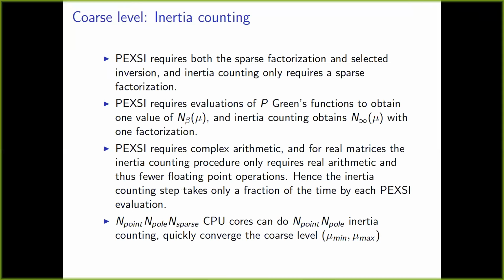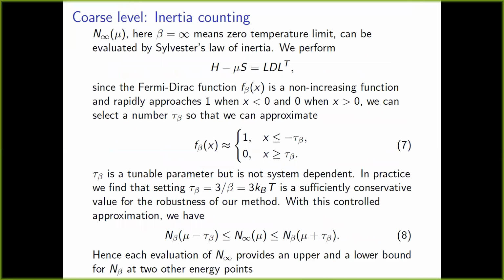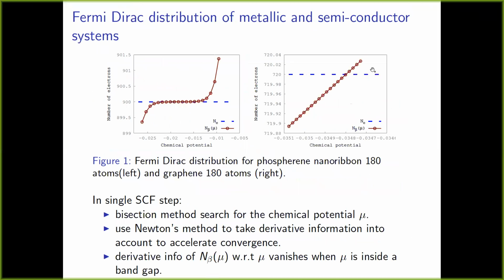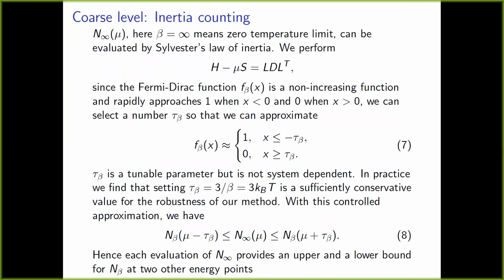And also, since we have a very large number of CPU cores, for example n point by n pole and n sparse CPU cores, we can do a point n pole inertia counting. This gives us a lot of points on the searching range for a bigger mu min mu max gap, and then we can quickly converge to a very short range like tau.